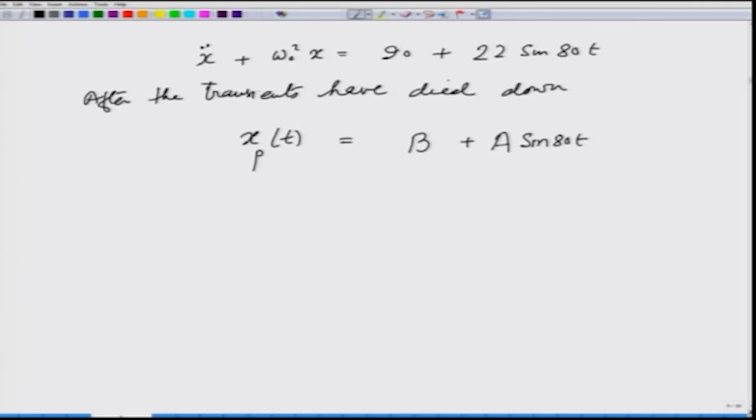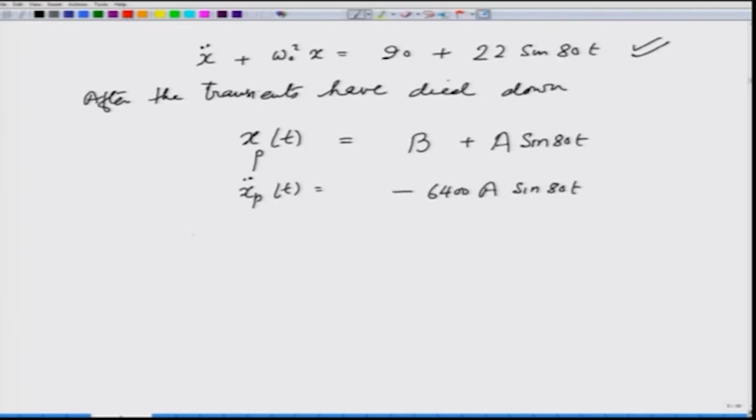The homogeneous solution, which was the 0 on the right hand side, has died down. So, particular solution should be this, and xp double dot t is equal to minus 6400 A sine of 80t. Let us substitute this in this equation out here.